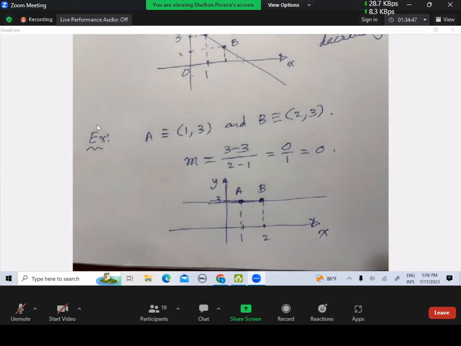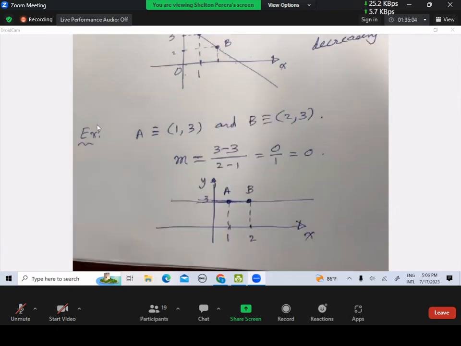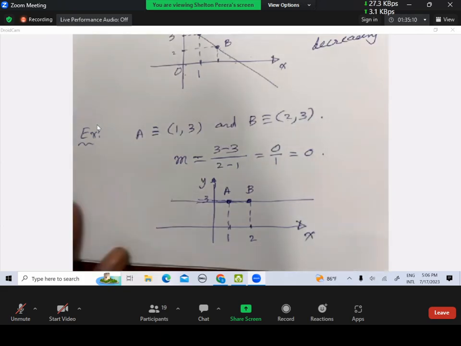Let's see. So now the line joining AB is a line parallel to the x-axis. Such a line is called a horizontal line. AB is horizontal.